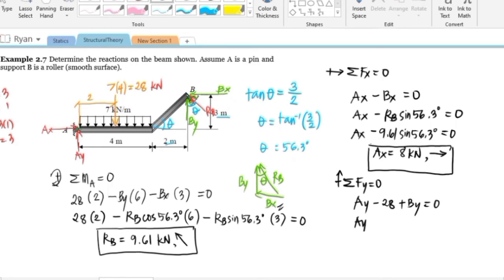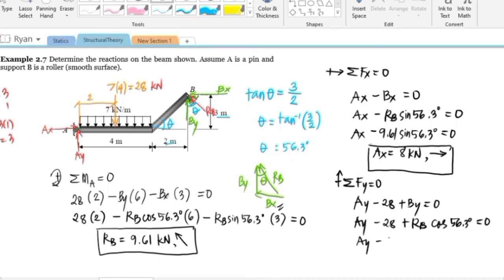Then, substitute natin yung value natin para kay BY, which is the reaction at B multiplied by the cosine of the angle 56.3 degrees is equal to 0.